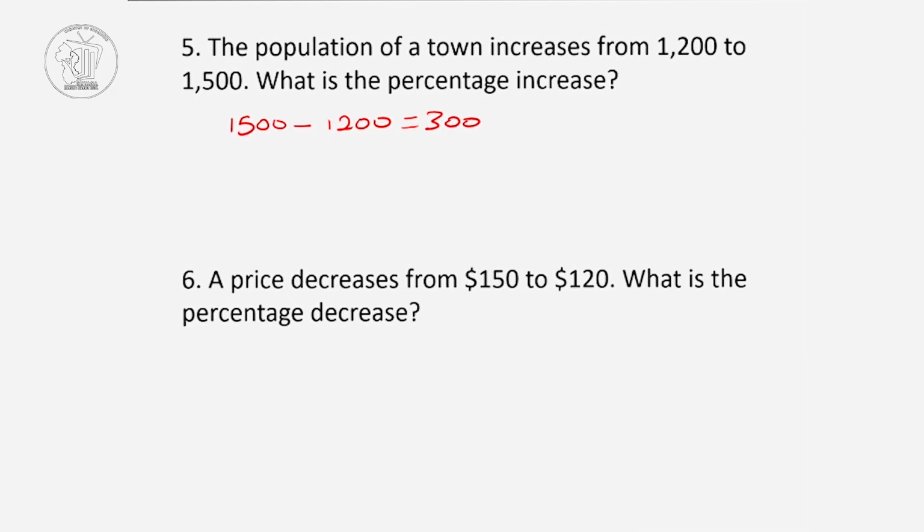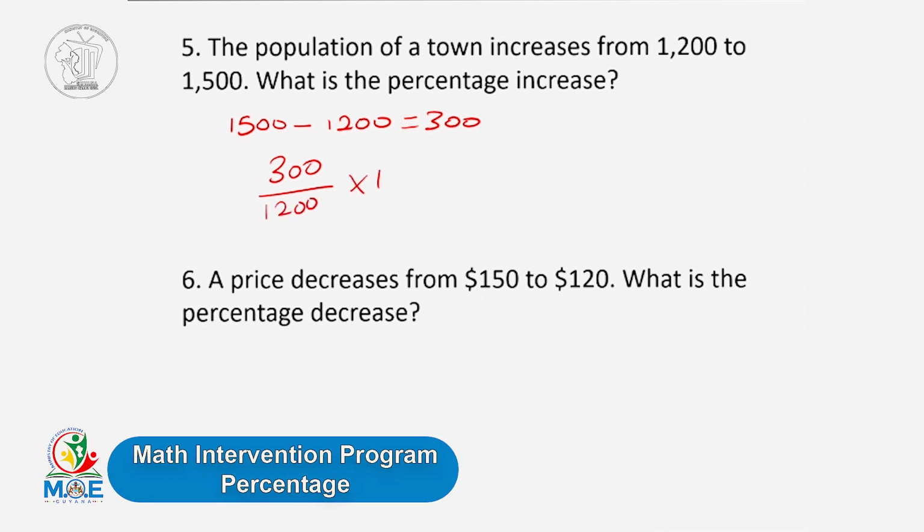So now the percentage increase would be 300 over the original population, which is 1,200, multiplied by 100. So this 0 cancels out with that 0, this 0 cancels out with that 0. 3 ones 3, 3 into 12 would be 4. So this is 100 over 4, which is equal to 25% increase.